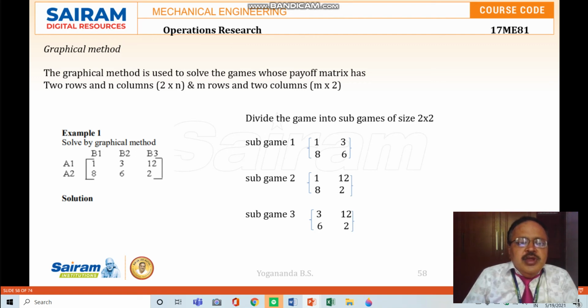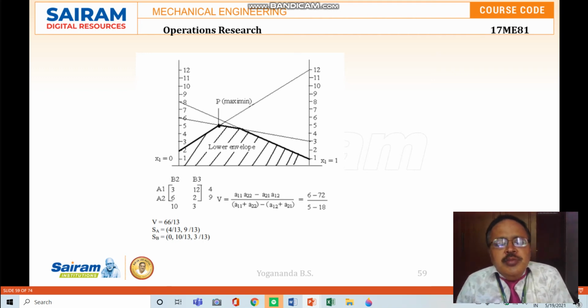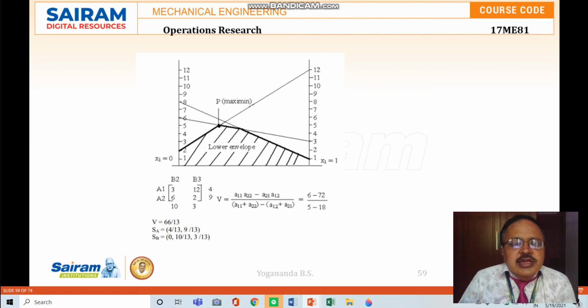If it is for B1 and B2, we are taking B1, B2. Okay, now for player A, taking the lowermost envelope and choose the maximum. Out of all the minimum score, A keeps the maximum one. That is the strategy giving the maximum score to him, leaving the other strategies.